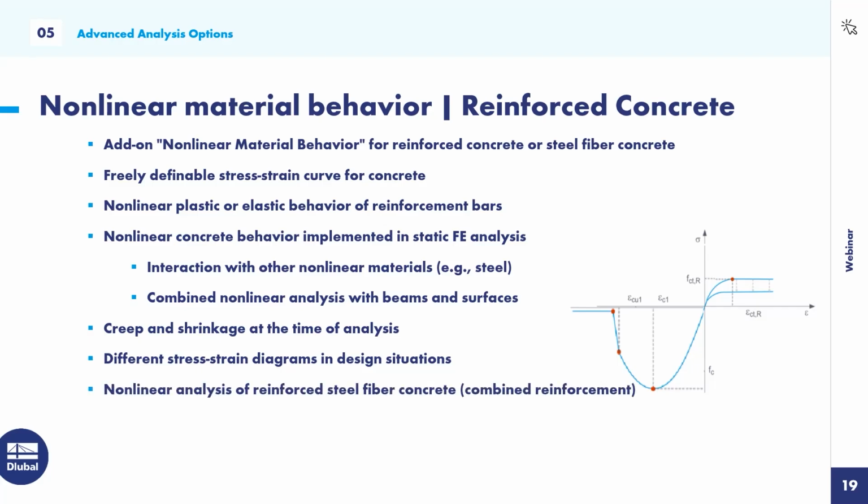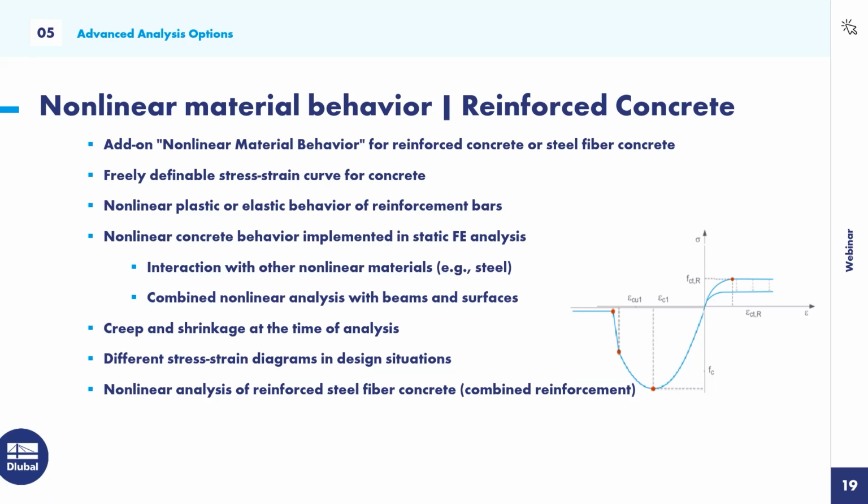Let us stay at the fiber concrete. Now in RFEM 6 it is also possible to calculate a reinforced steel fiber concrete with the static analysis. This was not possible in RFEM 5, to calculate a fiber concrete together with some reinforcement in the static analysis.